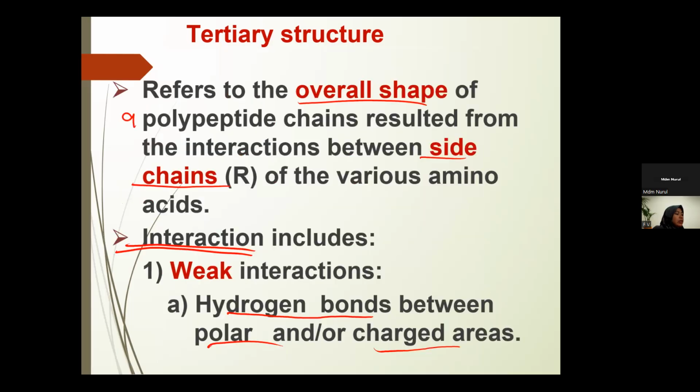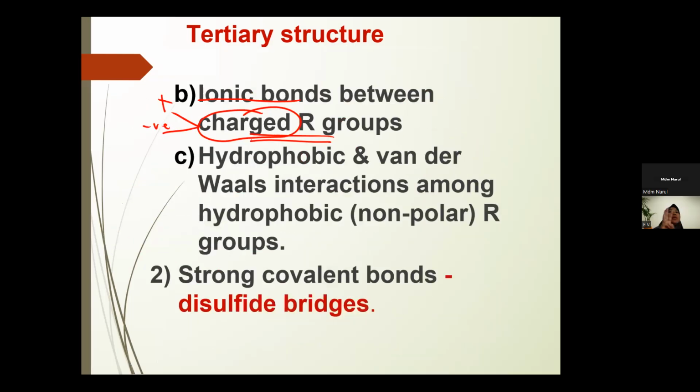Next, we go to the third weak interaction, masih lagi bawah ikatan yang lemah, iaitu hydrophobic and van der Waals interaction. Jangan salah eja, Waals tu kena W-A-A-L-S, bukan W-A-L-L, bukan dinding.